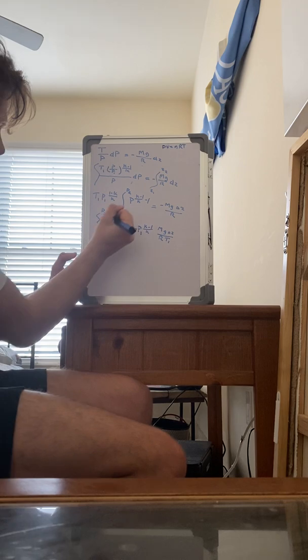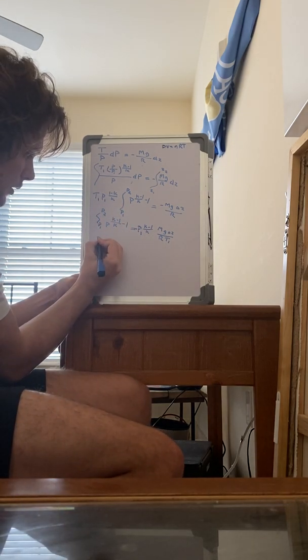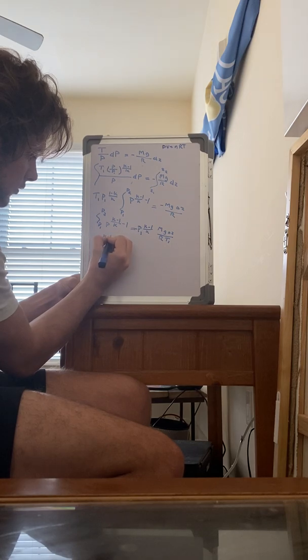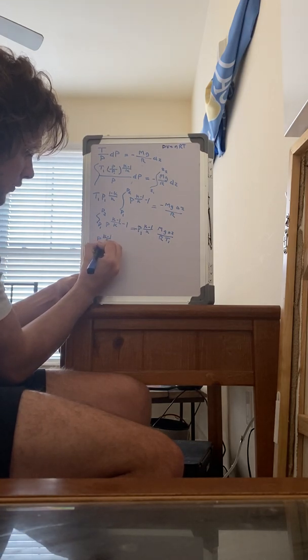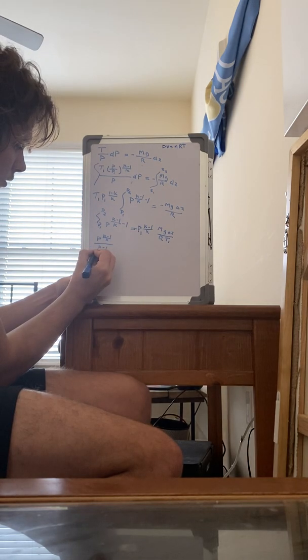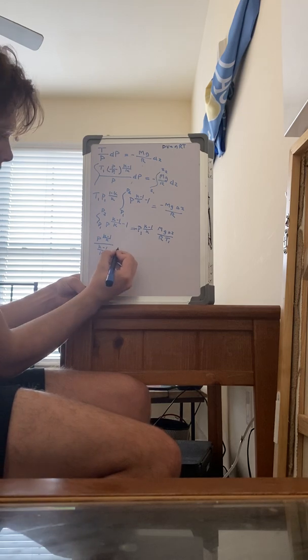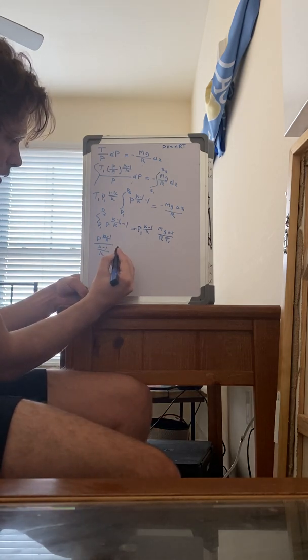And then I can take the integral of this, which comes out to being P to the K minus 1 over K over K minus 1 over K. That's going to equal that.